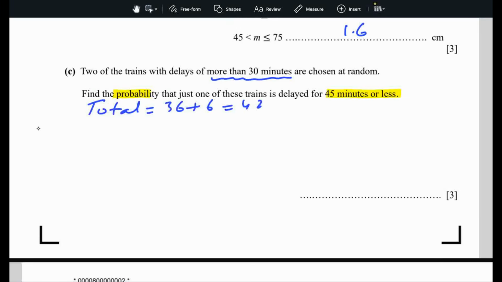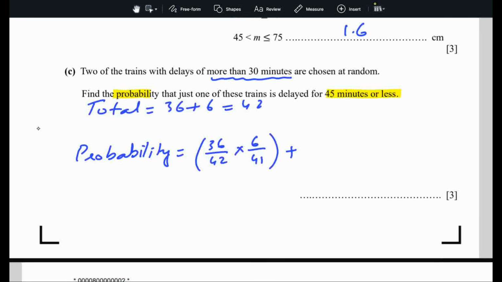Now the probability will be equal to, for the first one, 36 divided by 42 multiplied by 6 divided by 41, plus 6 divided by 42 multiplied by 36 divided by 41.